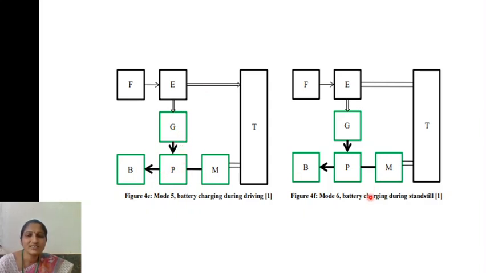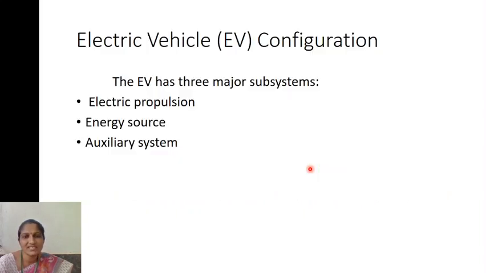And in mode 6, battery charging during standstill, there is no power flowing through the transmission. Only the power given by the engine is used to charge the battery. So these are the 6 modes of operation in the EM dominated system.